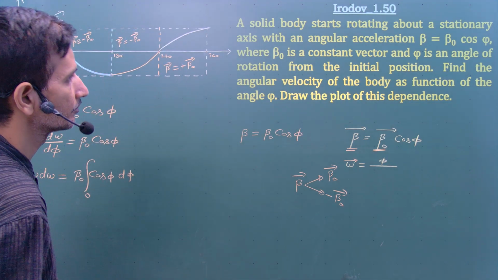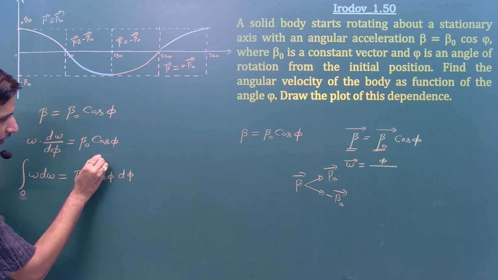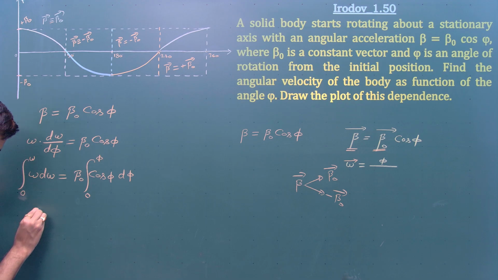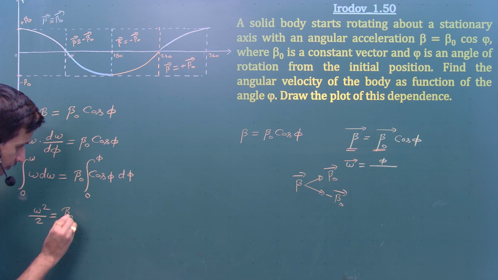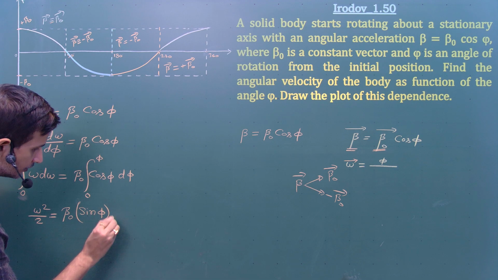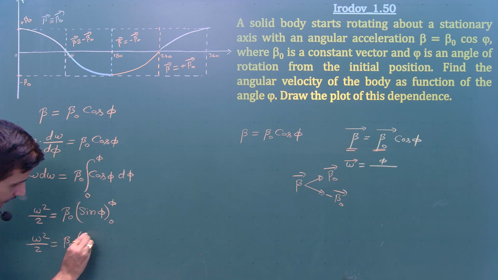Initial position I can write as 0, and initially omega is 0. So at a random angle phi, omega is omega. So it comes out omega square by 2 should be equal to beta naught times the integration of cos phi, which is sin phi, from 0 to phi. So omega square by 2 should be equal to beta naught into sin phi.